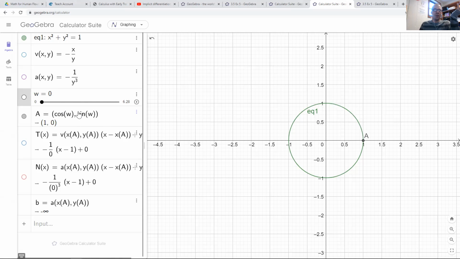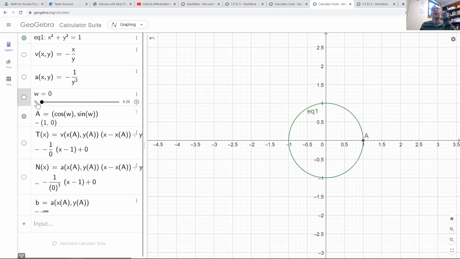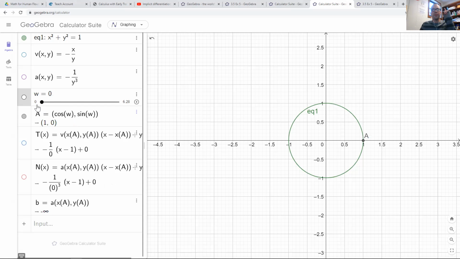But I used cosine and sine just to make sure that we're at a point on the unit circle. That's an easy way to get X and Y values here. So I can make it slide around. But I also put in for V of XY, that's the first derivative, and A of XY, that's the second derivative that we just found implicitly.